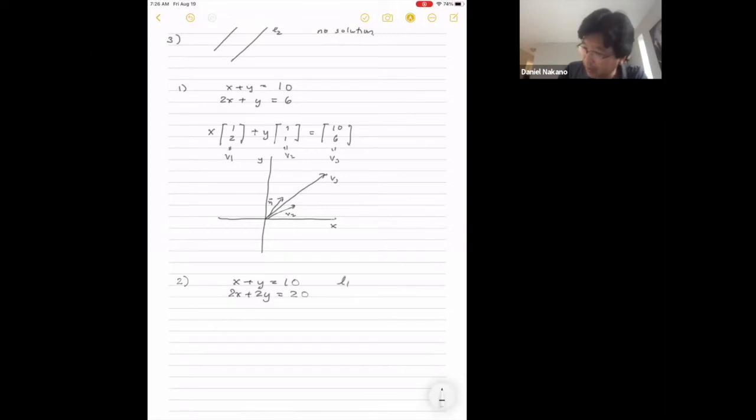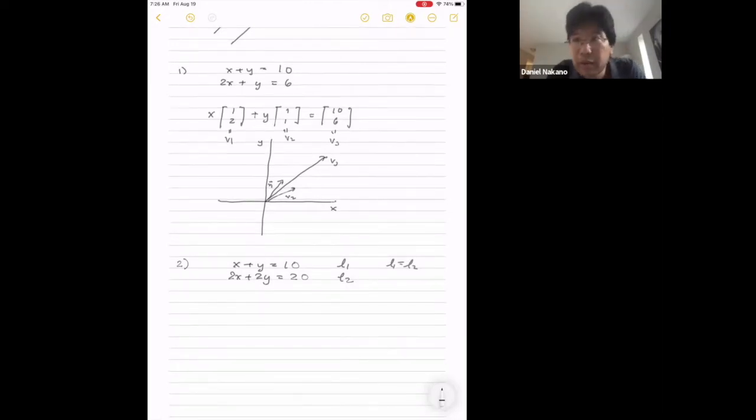So this is line L1 and this is line L2. Notice that L1 and L2 are the same line, right? I can divide by 2 on L2 and just get L1. They have the same slope, same y-intercept, so they have to be the same line. So the line L1 is equal to L2 in that case.